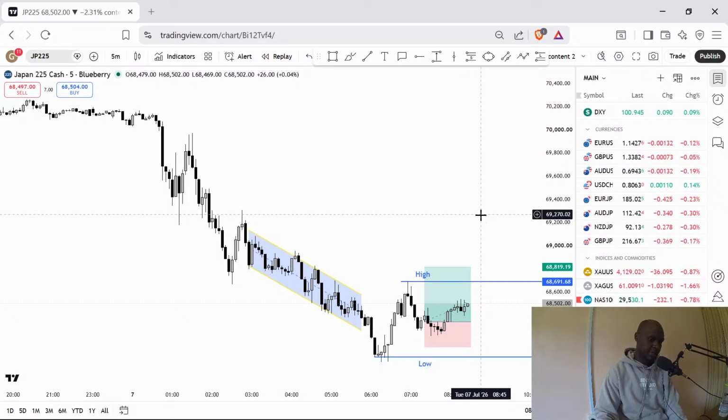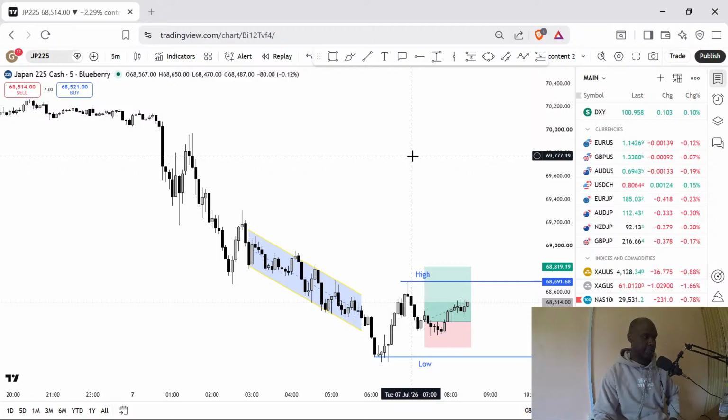And for today's London session, this will probably be the only trade that I'll be able to take, because when I looked at the markets in the morning, there were only two possible pairs on watch for me for this particular London session. Now, as the day goes on, things might change, but just before the start of the London session, I was looking at two pairs, the NAS 100 and the JP225.